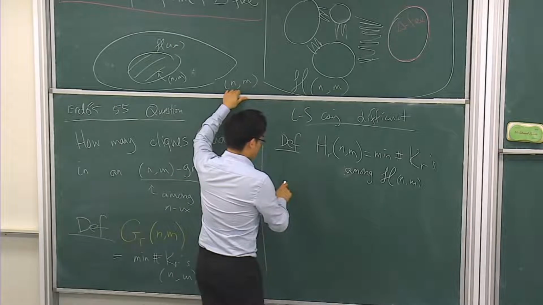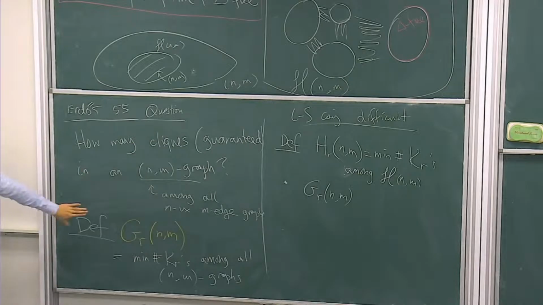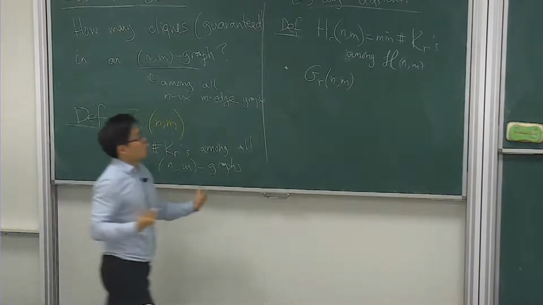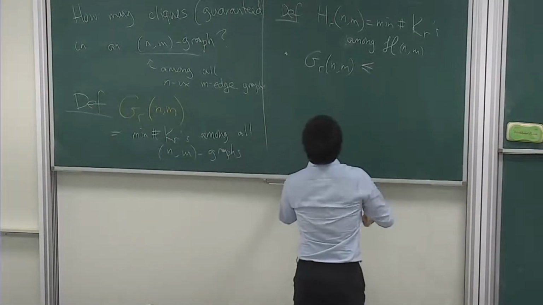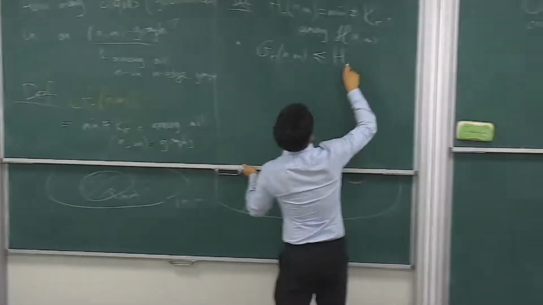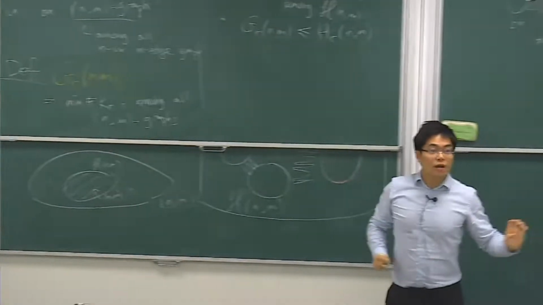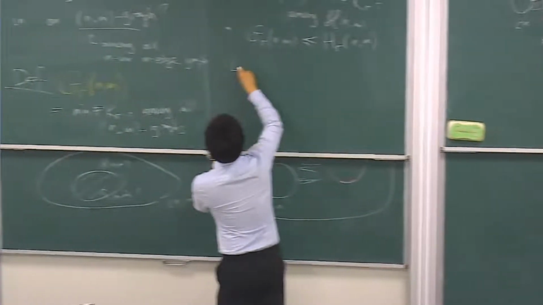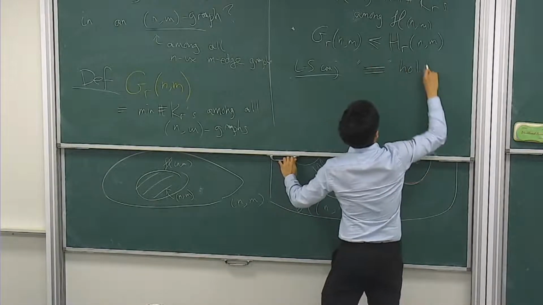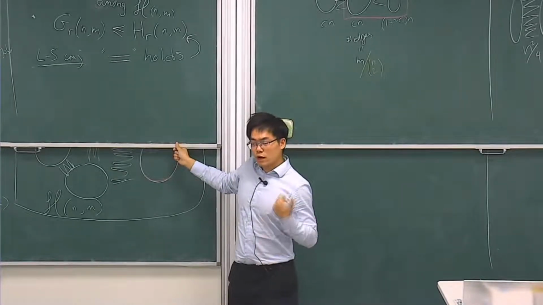Well, by definition, our original parameter that Erdős is interested in, the minimum number of K_r's among all graphs, of course, this is over a larger family, so this is going to be smaller than this minimizer over the smaller family. This is what we know. And rephrasing Lovász and Simonovits' conjecture is saying that equality holds here. This is their conjecture.